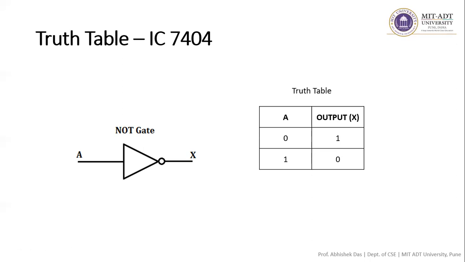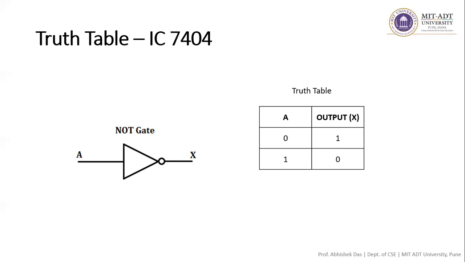By using this kind of gate, the NOT gate, we can actually implement a NOR gate and a NAND gate as well. So what is a NOR gate? A NOR gate is a combination of a NOT gate and an OR gate. And the NAND gate is a combination of NOT and AND gate.